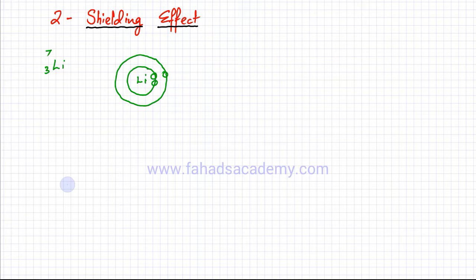Now if I draw sodium, sodium has 11 protons and a mass number of 23. Sodium is also in group 1. So sodium has a total of 11 electrons. I'm going to draw sodium now.